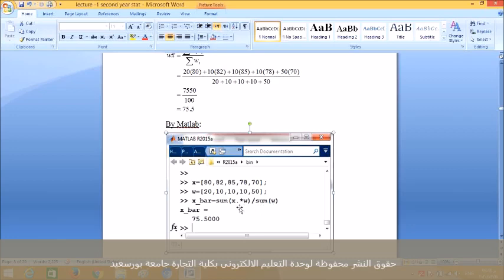Because we do not have a function or a syntax for weighted mean, we can use the program as a calculator, but here the program multiplies a vector by a vector. You cannot multiply a vector by a vector using a calculator.